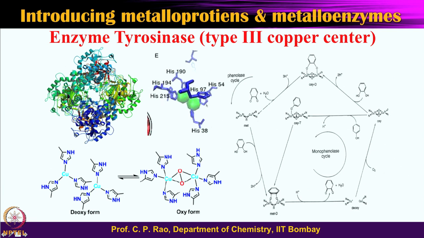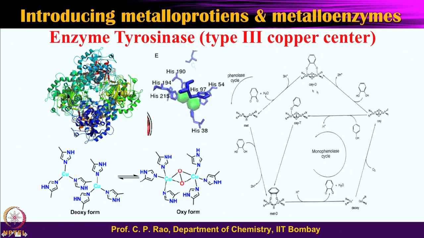The reactive center is shown over there, where the green balls correspond to the 2 copper centers, with no copper-copper bonding or connectivity at all. Both the copper centers are present in the copper 1 state, and both are connected to histidines. So you can see a copper with 3 histidines, a copper with 3 histidines, and no copper-copper binding. This is the copper 1 state.